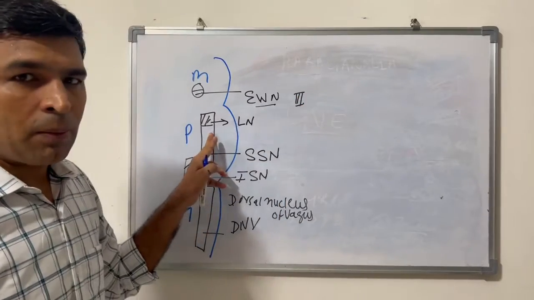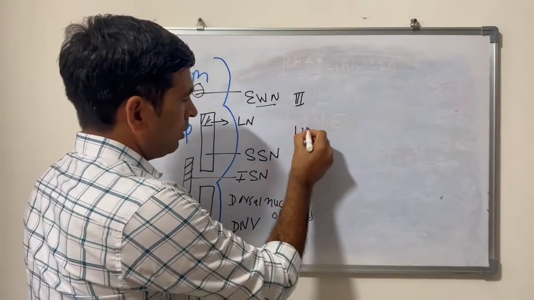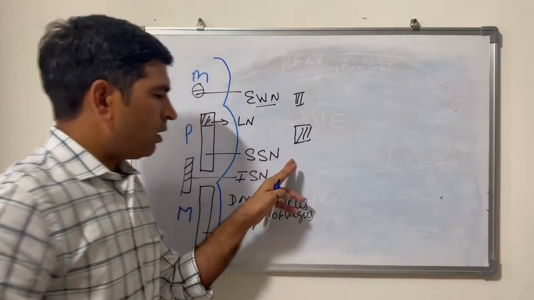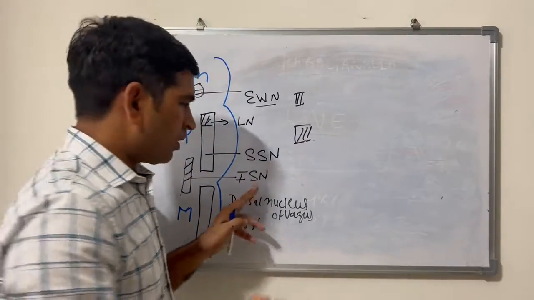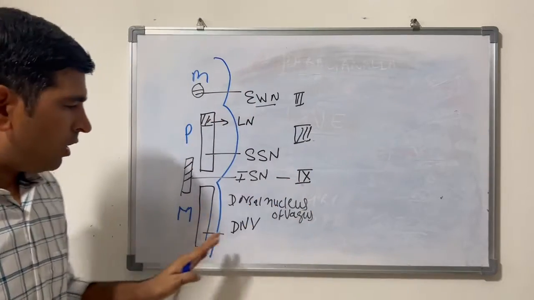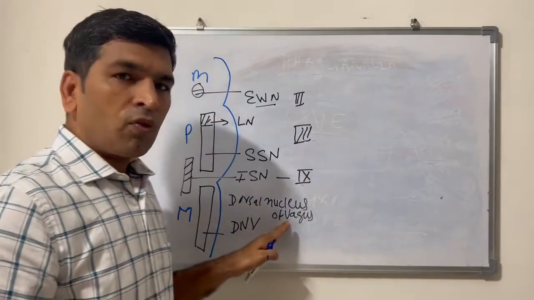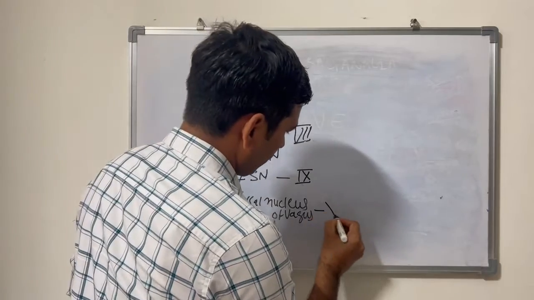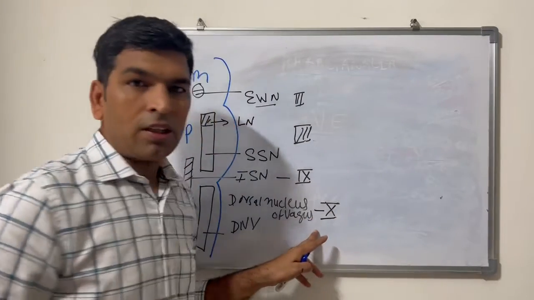The superior salivatory nucleus is related to the seventh nerve. The inferior salivatory nucleus is related to the ninth nerve, and the dorsal nucleus of vagus is related to the 10th nerve.